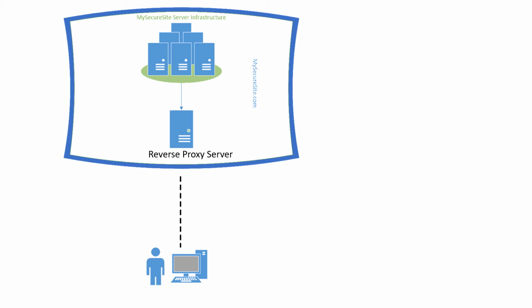Instead, we have a proxy server responding to the requests made by the users, and the user is not able to distinguish where exactly the request is finally going and being served from. The user thinks that the reverse proxy is the one which is serving the request.